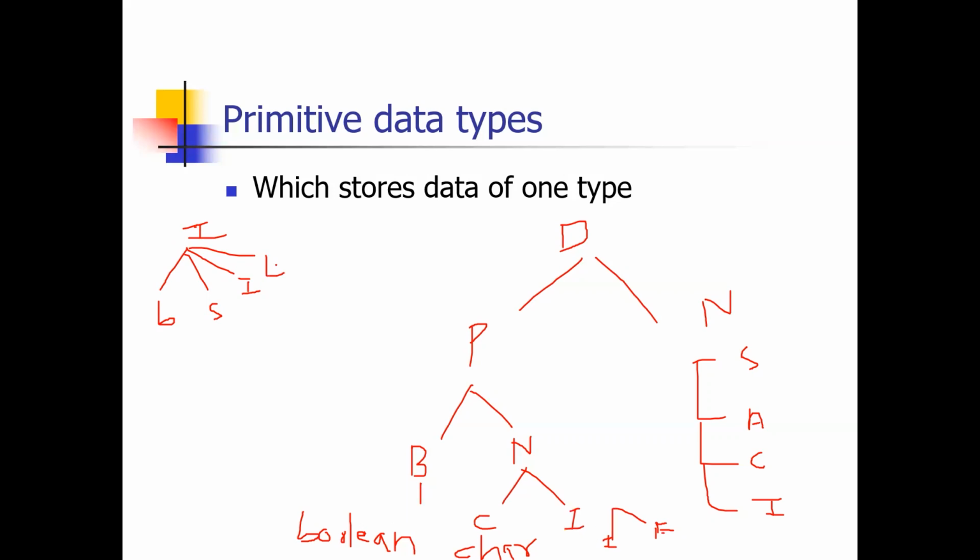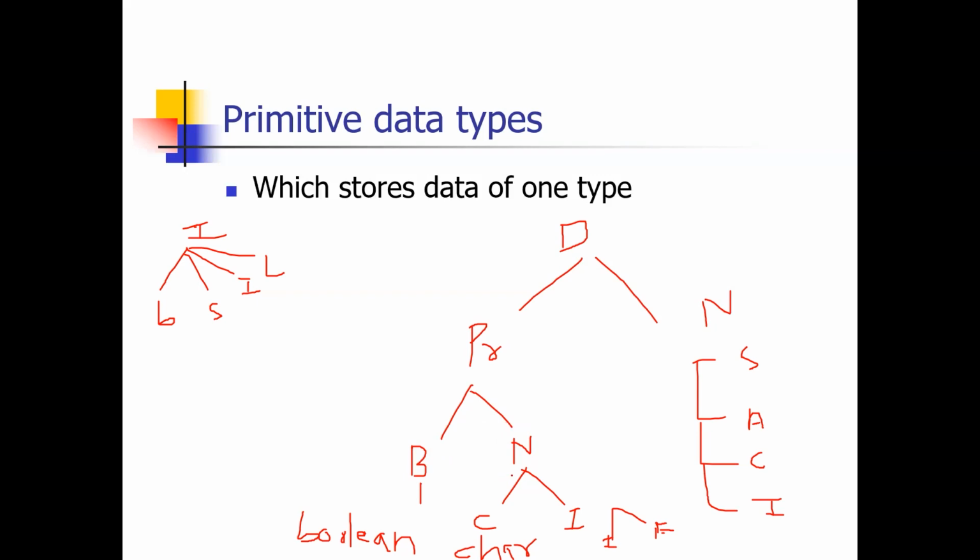Again, I'm explaining. See, data types, there are 2 types, primitive and non-primitive. In primitive, it can be Boolean or numeric. In Boolean, only Boolean.